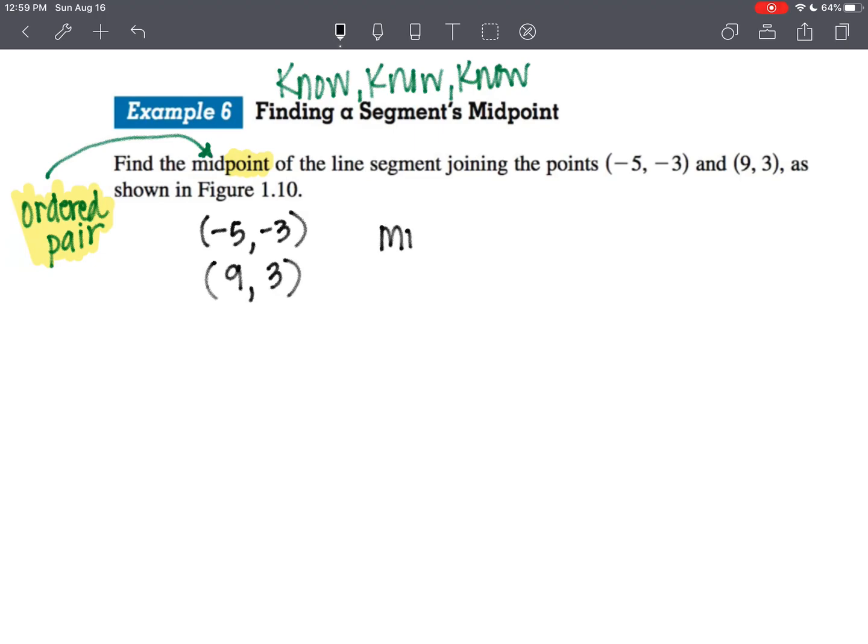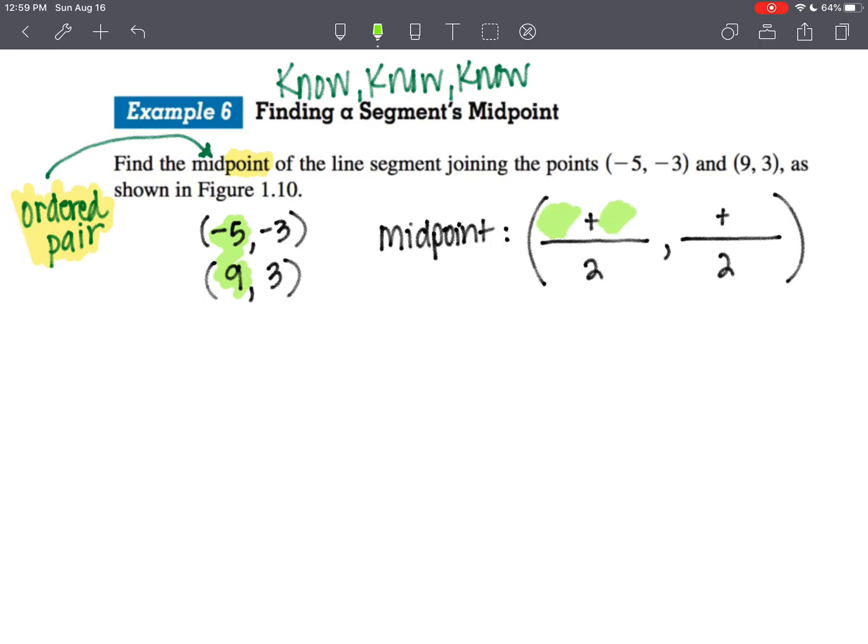So the midpoint, we're going to add the x's, divide by 2. For the y's, we're going to add the y's, divide by 2. So my x's are -5 and 9, -5 plus 9.